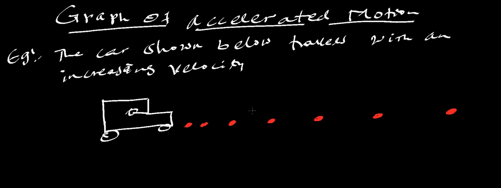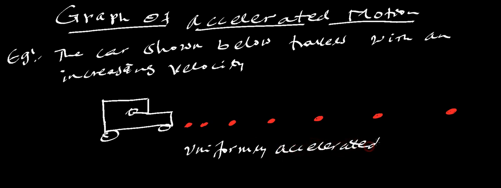This type of motion is called uniformly accelerated motion. But the acceleration, or the increase in the velocity, is constant.